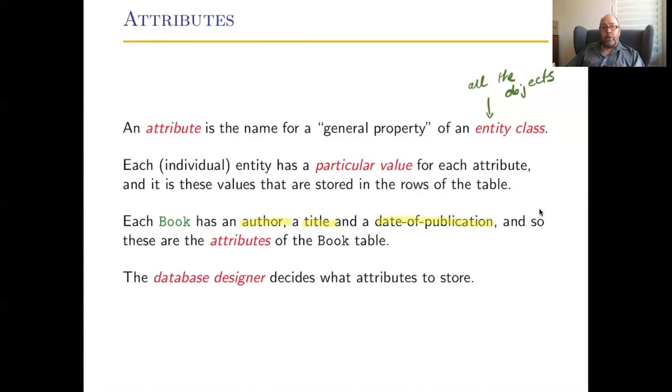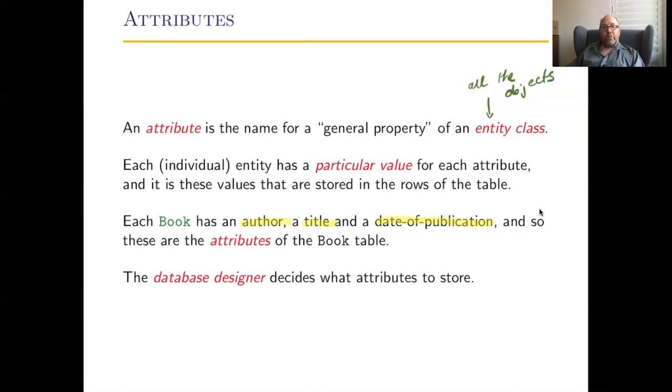And so we're storing 3 attributes. When I designed that database, which didn't take much designing, I just decided that those were the relevant attributes of the book, and so those were the ones that I was going to store in that particular table. Of course, the database designer decides what attributes to store based on the application.